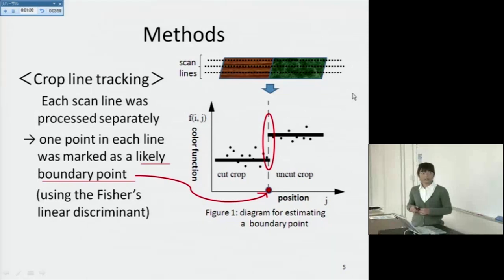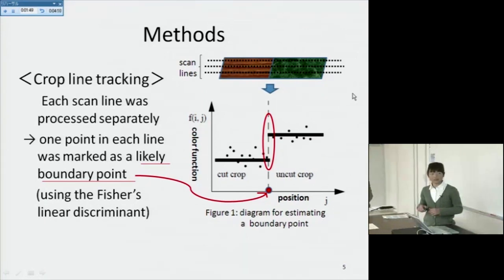Then we can decide a likely boundary point. In this diagram, the likely boundary point is this. And continuing this algorithm in each line, we can decide the boundary line between cut and uncut crops.